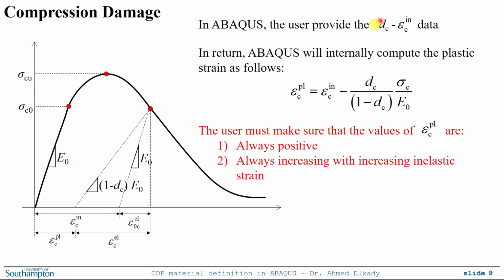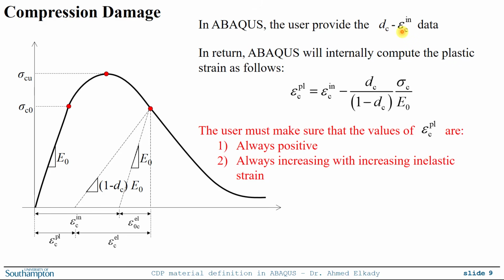Your damage parameter will start from this point where you have 0 inelastic strain and the damage parameter is 0. Then the more you go with larger inelastic strains, the value of DC will keep increasing. We are going to see this in a second. So this is what you need to provide.